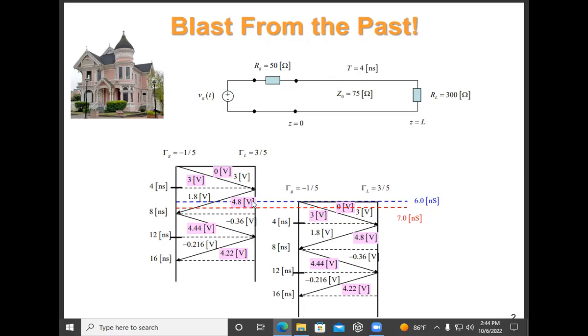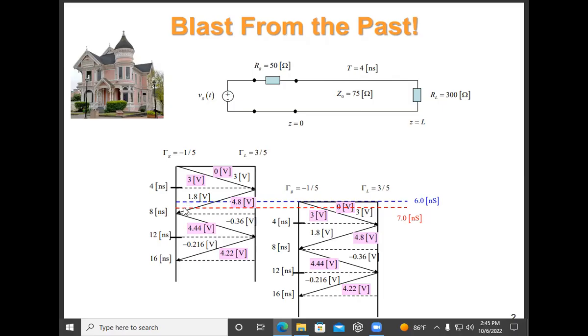Now, just take this one. Remember, this is the 3 volt region here, and this is the 4.8 volt region. So it looks like the red line is going from the 3 volt region to the 4.8 volt region, and it's crossing right here, which looks like it's going to be 1/4 of the way down the line. No, the blue line would be halfway down the line, right?